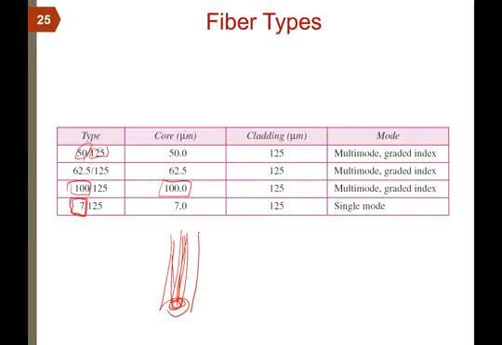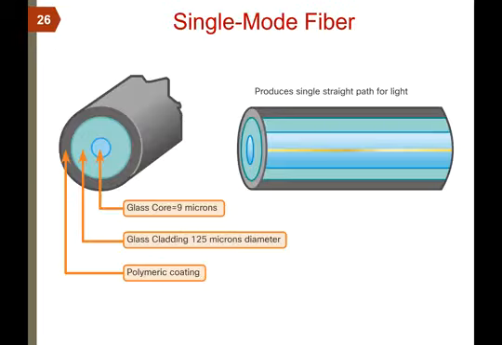We have different specifications. Normally, these are the types widely used. If you look at a single mode cable, this is the glass, the core, normally up to 9 micrometers. This is the cladding. Cladding is, as we said, 125 micrometers. And we have the protection, which is a polymer coating.